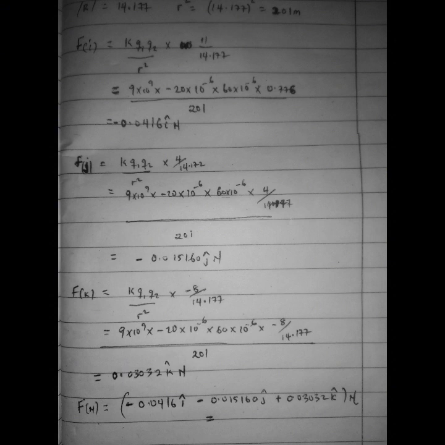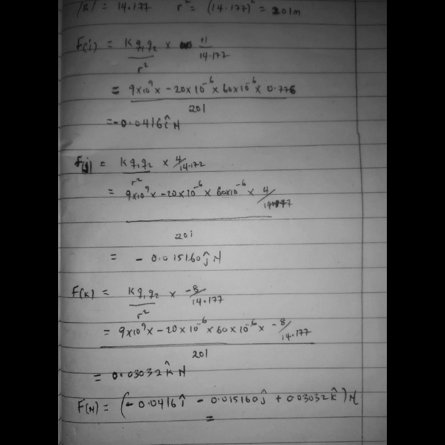Then you simplify, and you have something like 20 all over 201. You still have your answer negative: 0.01516 j hat Newton. This negative comes from the negative 20 times 10 to the power minus 6.